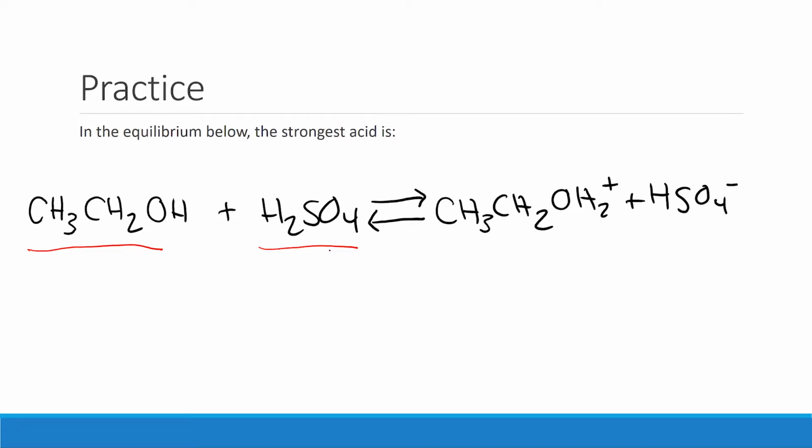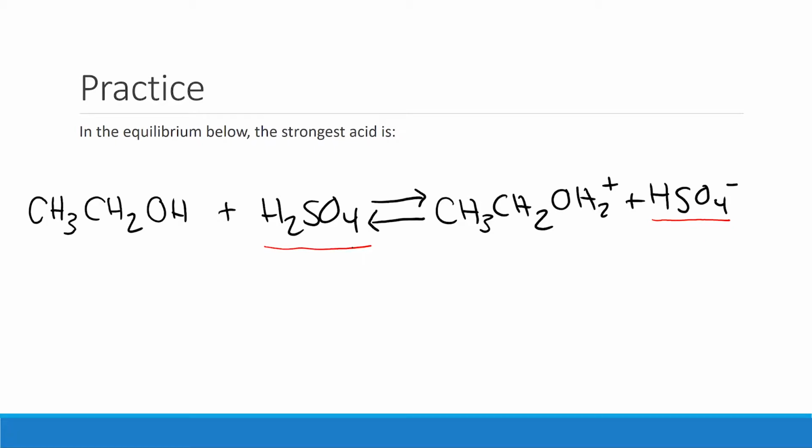Now, hopefully many of you can actually identify the acid in this reaction, but if not, I want you to look at the other side and look where protons are moving. Again, we're talking about Bronsted-Lowry, so we're talking about where protons move. And if you notice on this product side of the reaction, here's our HSO4 and H2SO4.